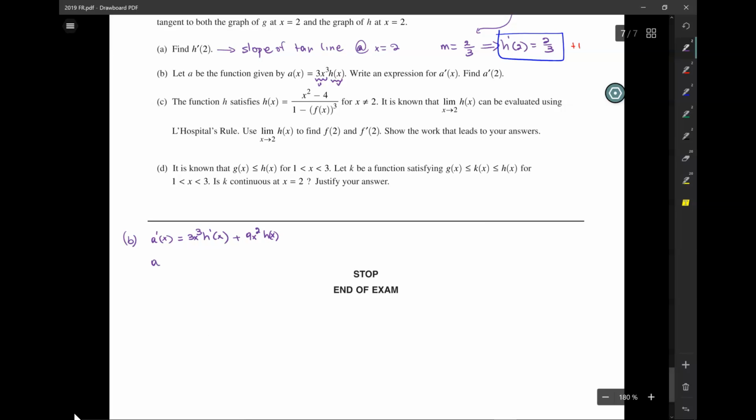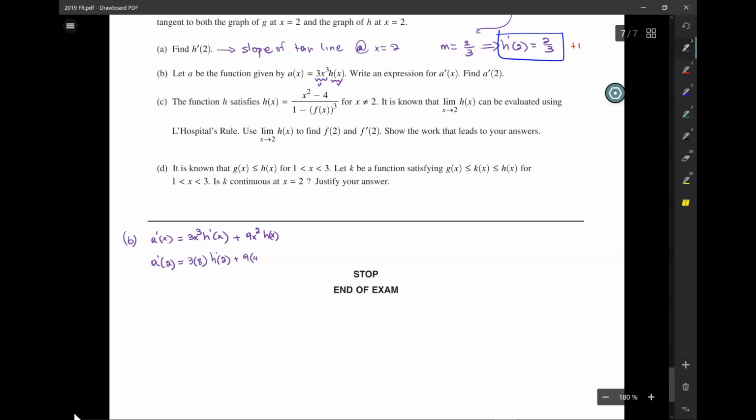A prime of 2 is 3 times 4 times h prime of 2 plus 9. No, this is not 4. Sorry. It's 8, right? Yeah.